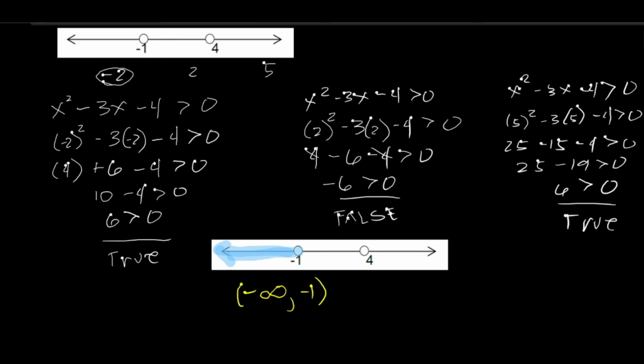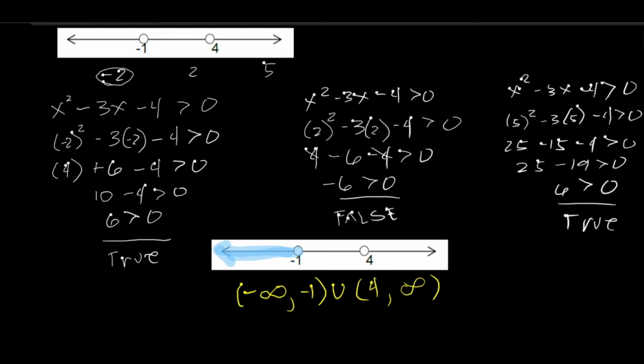Then, para mapagsama natin itong nasa left side, itong negative infinity to negative 1, at mapagsama natin dito sa positive 4 to positive infinity, gamitin natin yung union. Then, parenthesis again kasi 4 is not included in the solution. So, 4 to positive infinity tayo. Ngayon, yan na yung ating solution. So, meaning, negative infinity to negative 1 union 4 to positive infinity.